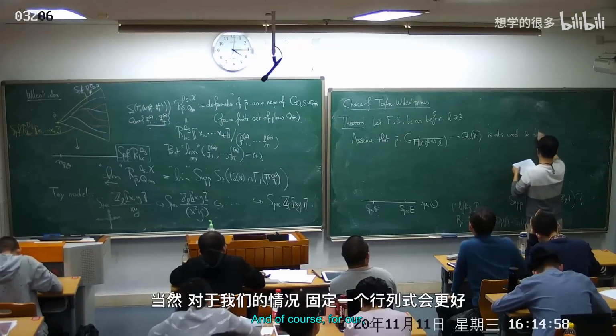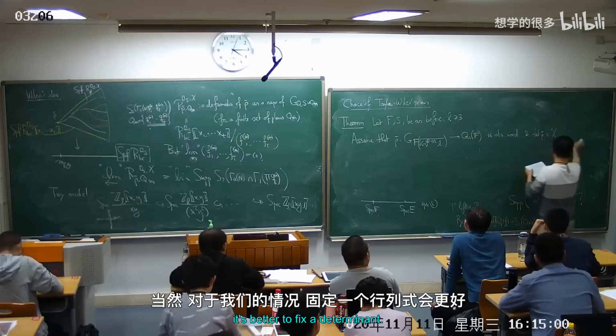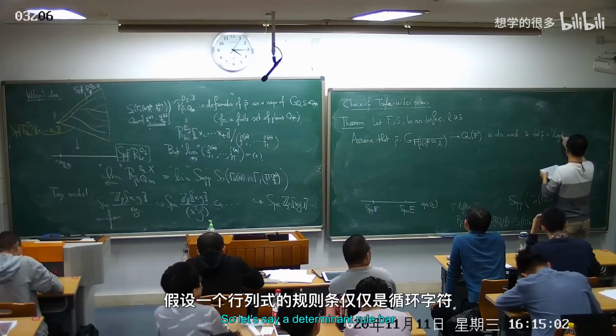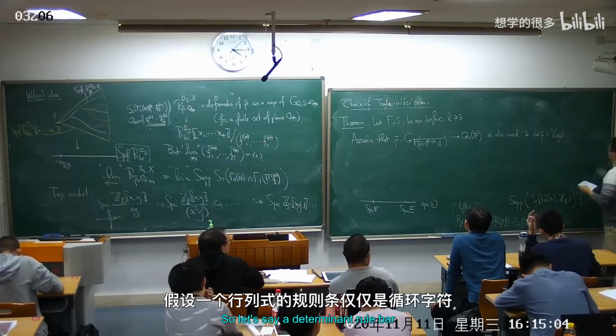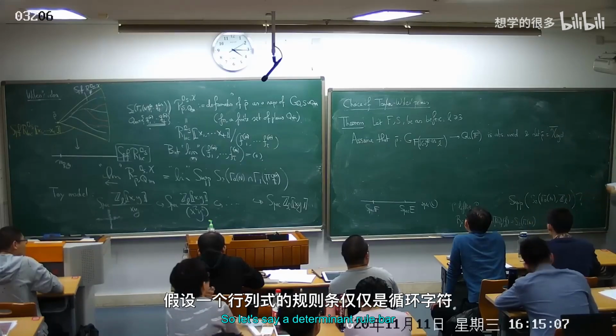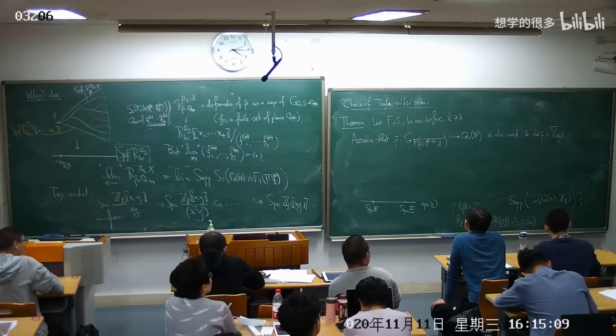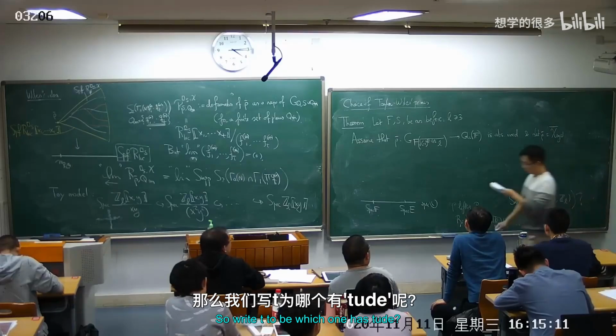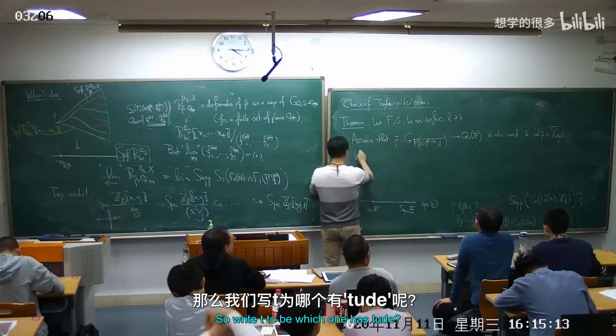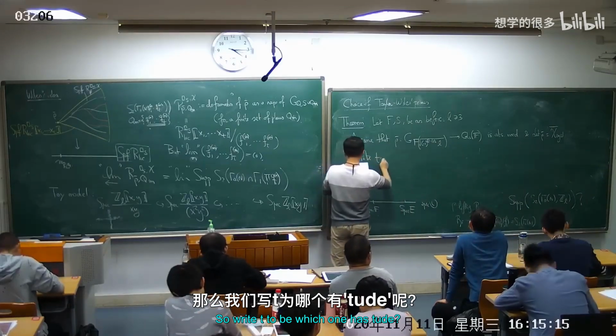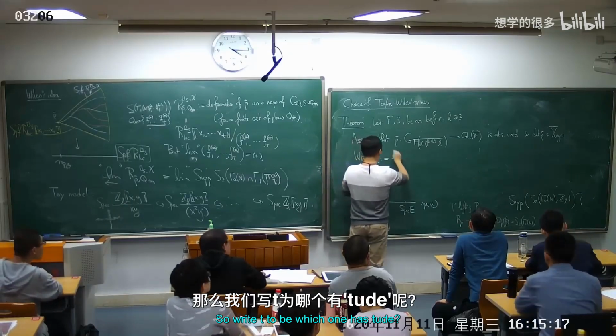And of course, it's better to fix a determinant. So let's say the determinant of rho bar is just the cyclotomic character. I'll write T to be H^1 tilde.